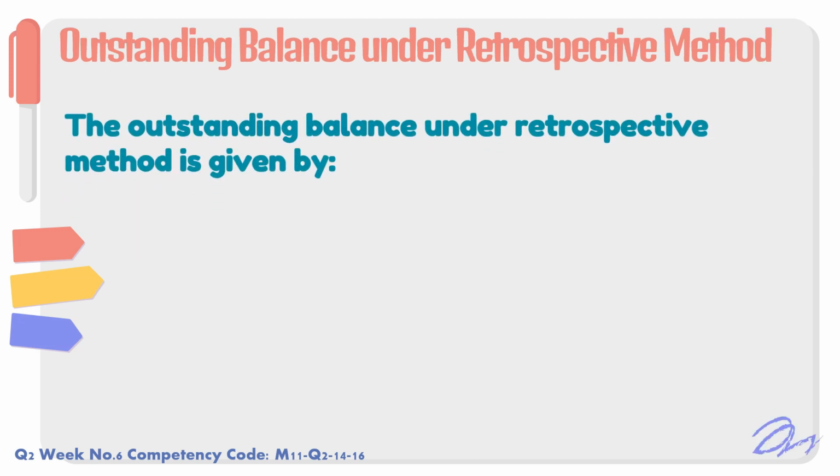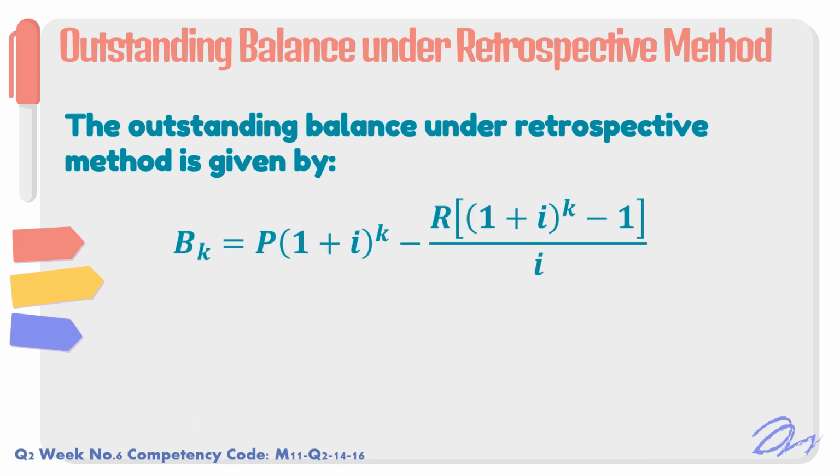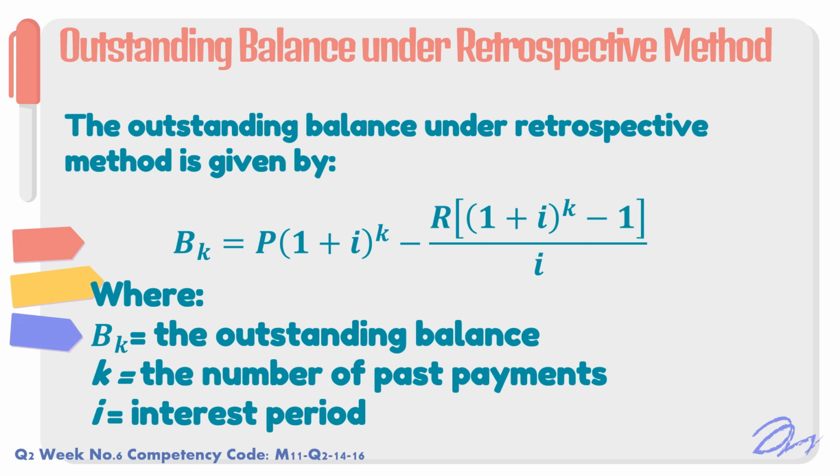The outstanding balance under retrospective method is given by B sub K is equal to P times the quantity of 1 plus I raised to K minus the quotient of R times 1 plus I raised to K minus 1 and I, where B sub K is the outstanding balance, K is the number of past payments, I is the interest period. This is used when the duration of the loan is not given.